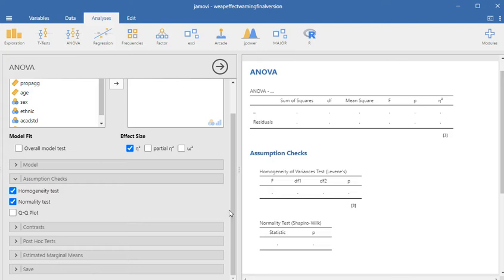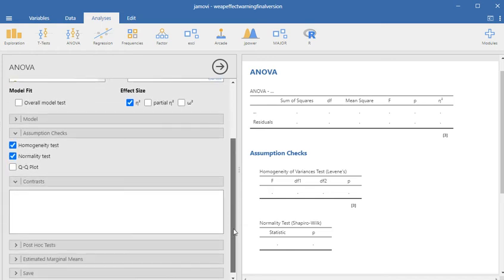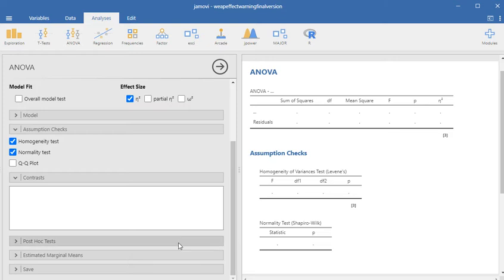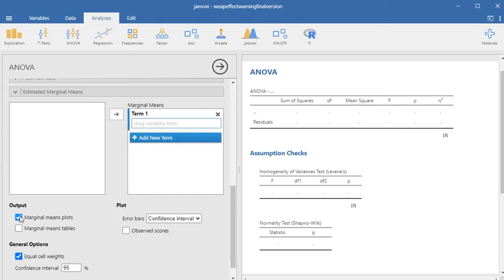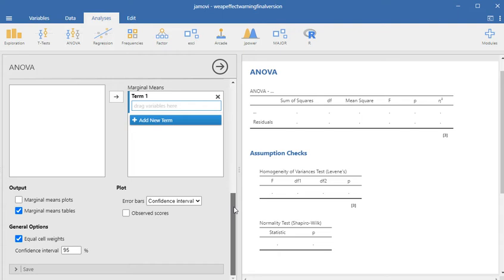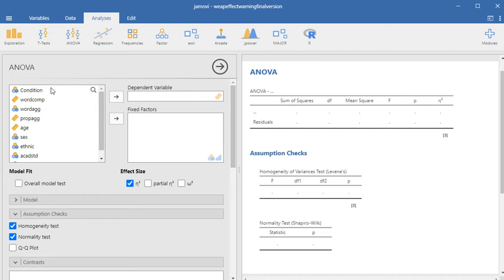Given that we have a sample over 30, I'm not going to worry about that. Contrasts, we'll get to in a moment. Estimated marginal means we're definitely going to want to get. And I don't want plots, I think I want tables. That seems to be pretty helpful. And then we'll just go ahead and start plugging in everything.